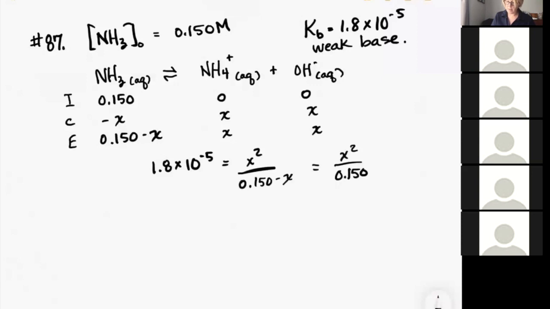So X squared over 0.150 equals the Kb over here. So when you calculate this, this is going to be your hydroxide ion concentration that we're interested in. So go ahead and calculate that and unmute yourself and give me an answer.